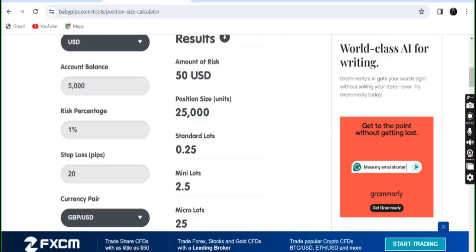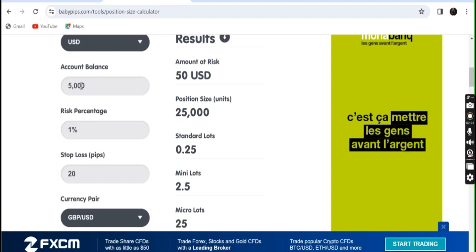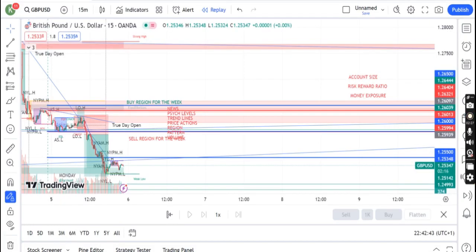So let's go straight to the position calculator. You will see that with this calculation, 1% risk is exposing just $50 out of this $5,000. When it comes to trading, loss is part of the process. It's something you must learn. There are days when you will have to lose, and there are days when you make profit.